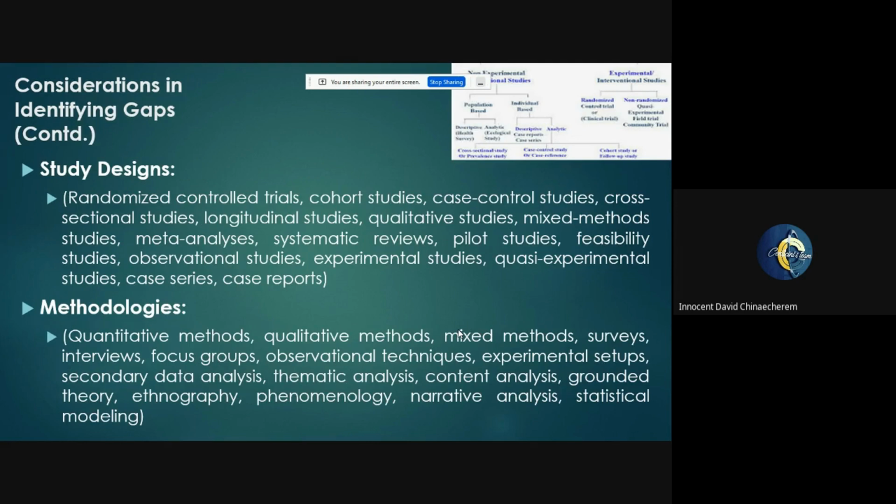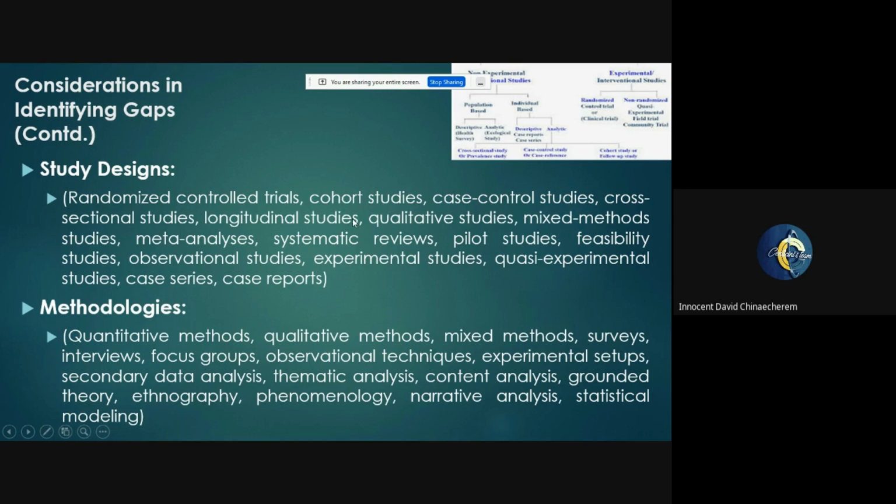Now, another popular aspect is what we call the study design, right? Because along the line, when we perform our meta-analysis sometime in November, you will find out that if we are to do an effect of intervention meta-analysis, most of the included studies might be randomized trials. That means it's possible that we can identify a gap in our systematic review and meta-analysis and say, okay, we want to do a meta-analysis of cohort studies.